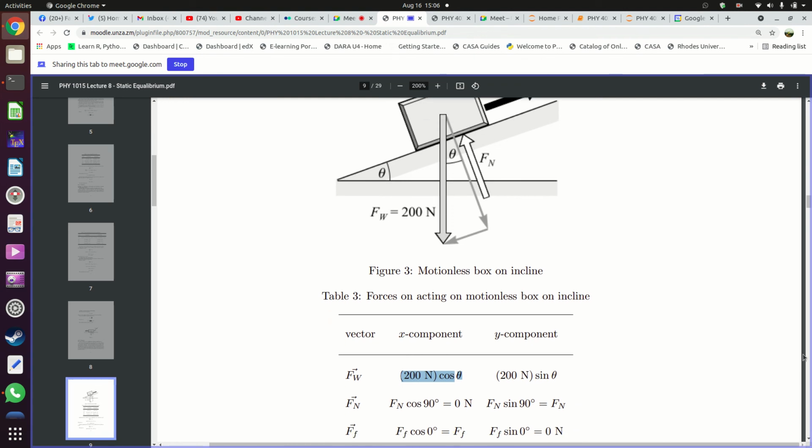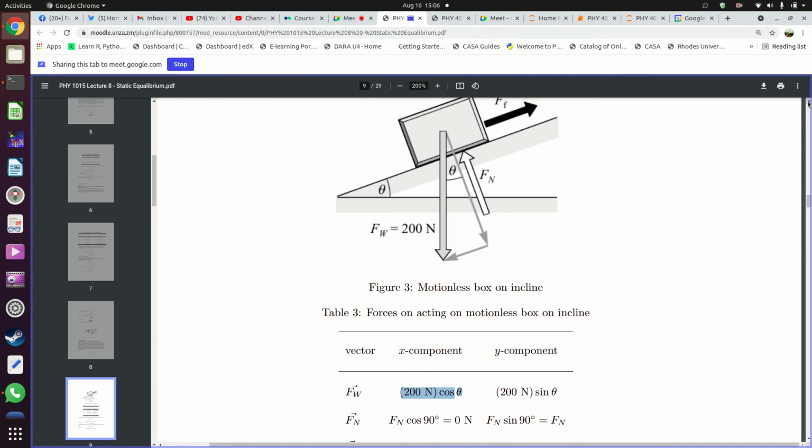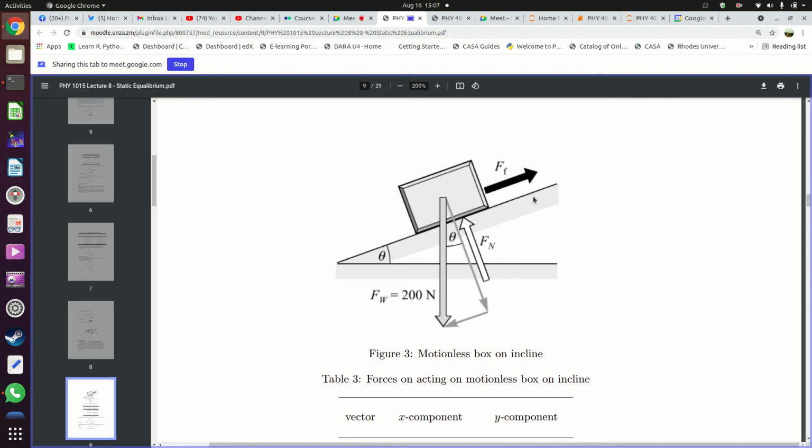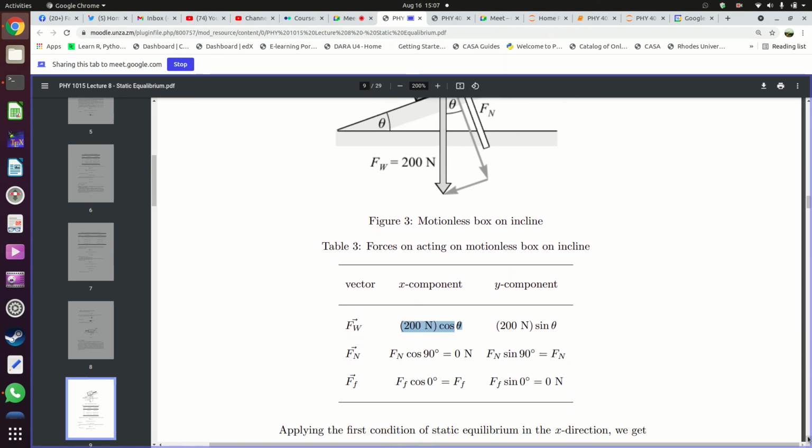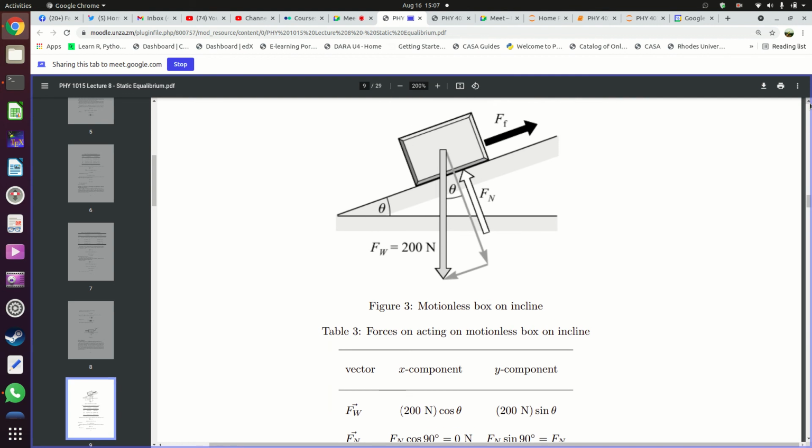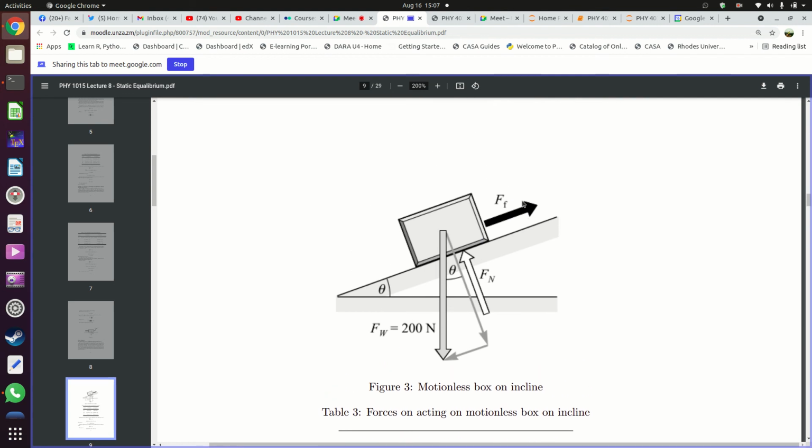For this one, which is pointing up like this, whether I measure the angle from this side or from this side, it's still the same thing. It's going to be 90 degrees. Now, for the friction force, I've written cos 0 degrees, which seems to imply that I am measuring the angle from this side.